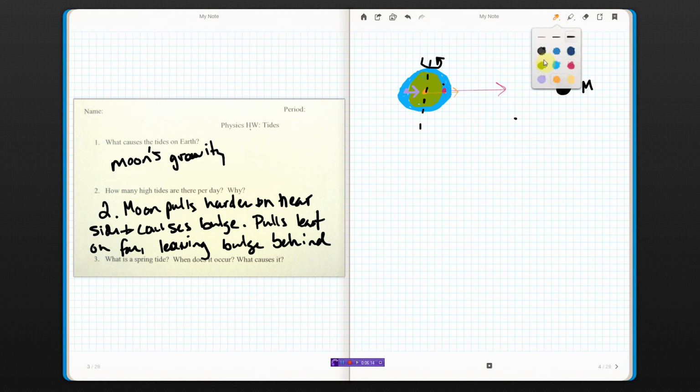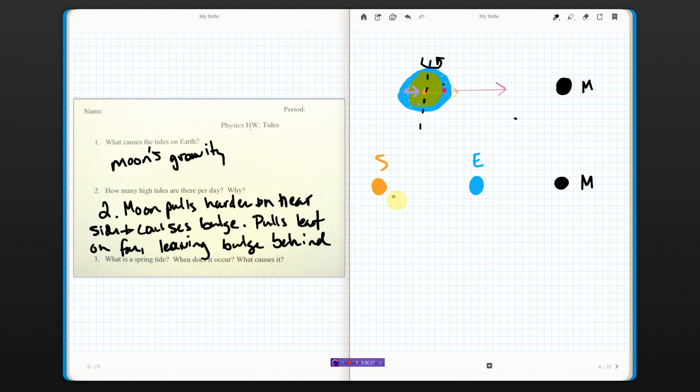So what we got is, if we have Earth, and actually I'll do Earth as blue, and Moon and Sun, I'm gonna put the Sun here. If the Earth, the Moon, and the Sun line up, the Moon causes tides on the Earth.